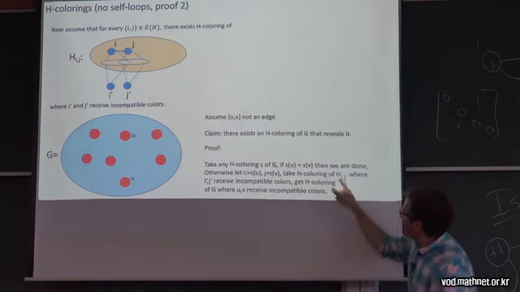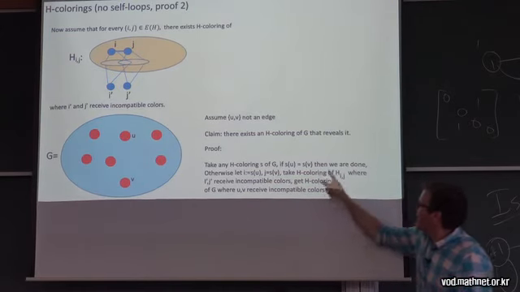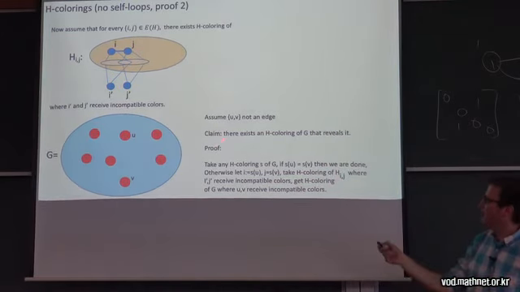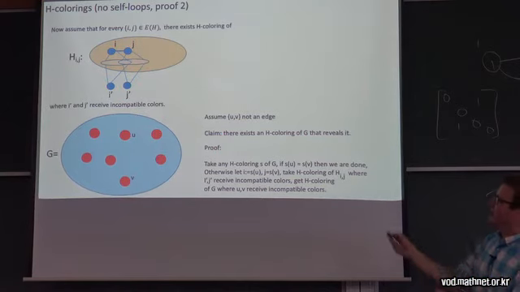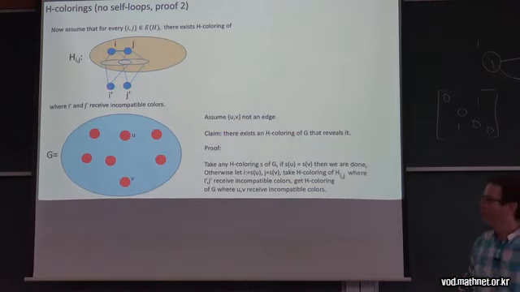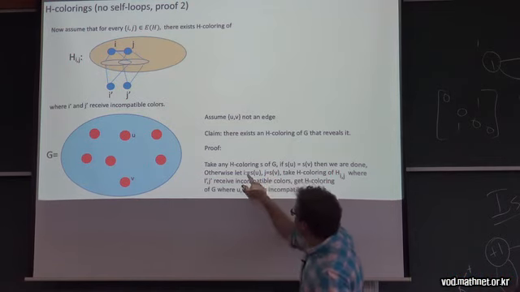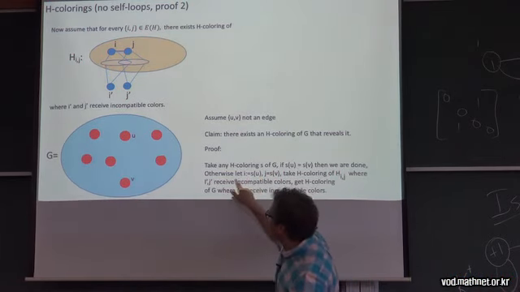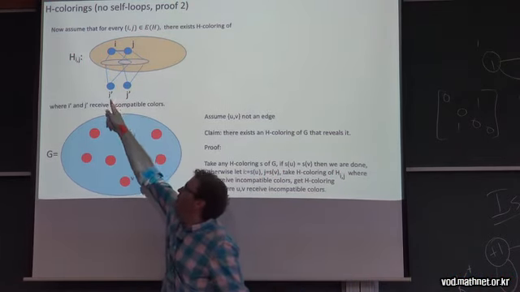Now take that graph HIJ for whatever I and J are. There is an H coloring of this graph HIJ where I prime and J prime get different colors. So take that coloring, and then replace U's color, instead of I, with the color of I prime in that coloring.